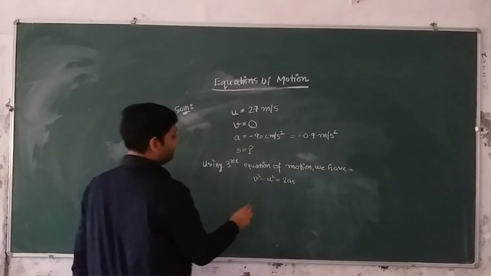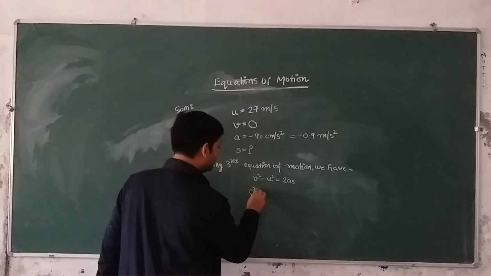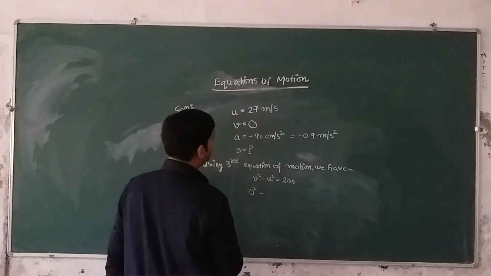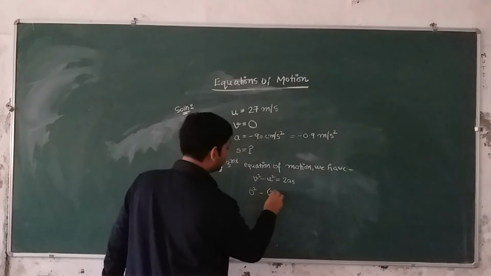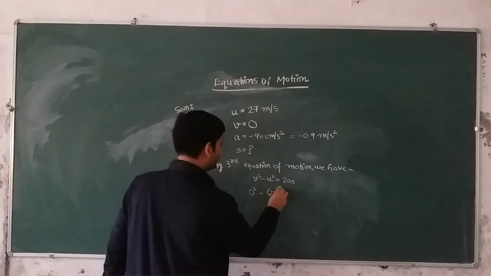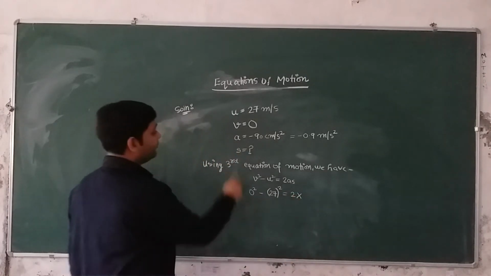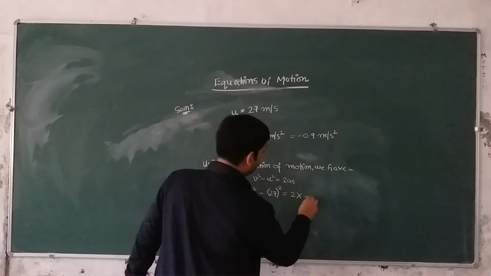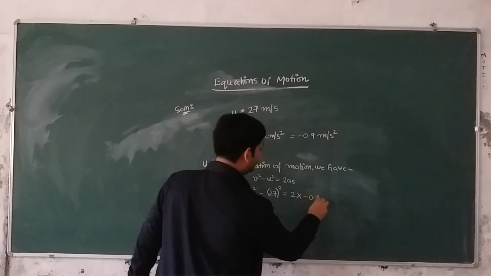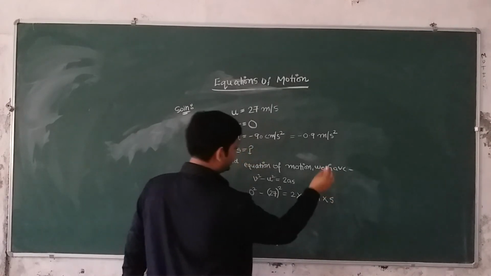What is v? v is 0, so it is 0 square minus u, which is 27, so 27 square is equal to 2 into a. What is the value of a? a is minus 0.9, multiplied by s.